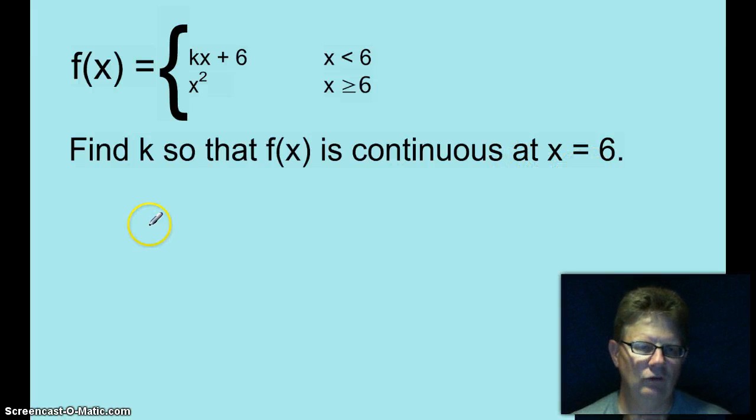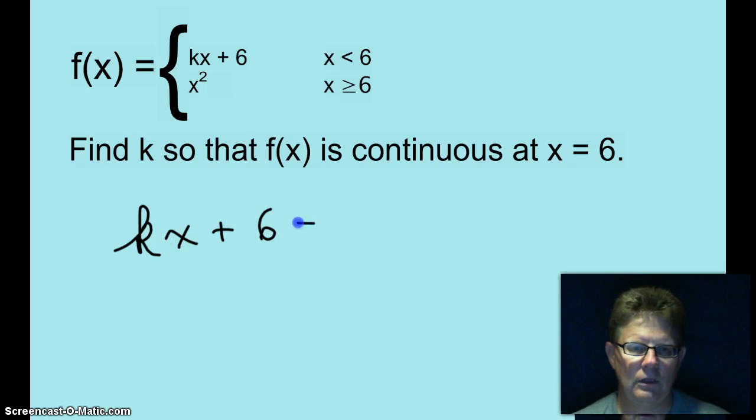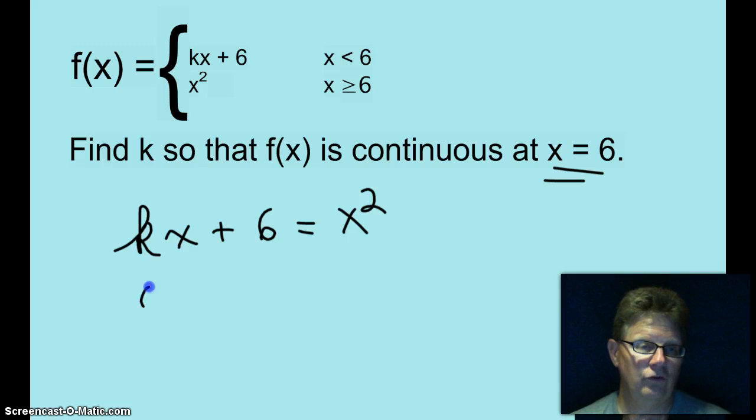So for that piecewise function, we want to set those two parts equal to each other. Kx plus 6 equals x squared.